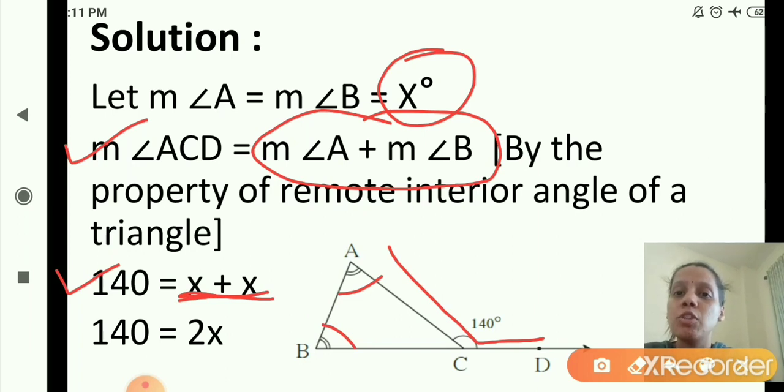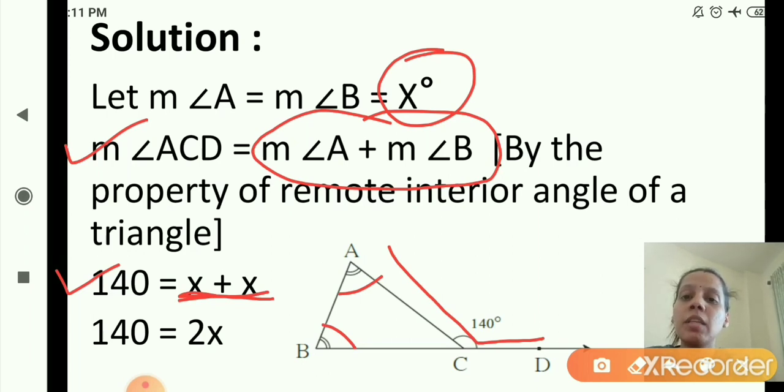In the solution, first we will consider measure of angle A and measure of angle B as x degrees. Then we will write down measure of angle ACD is equal to measure of angle A plus measure of angle B. Why? Because of the property of remote interior angles of a triangle.